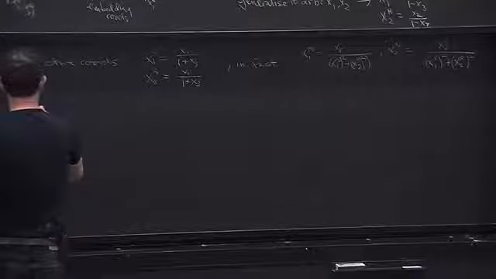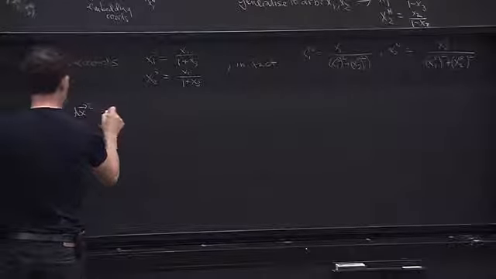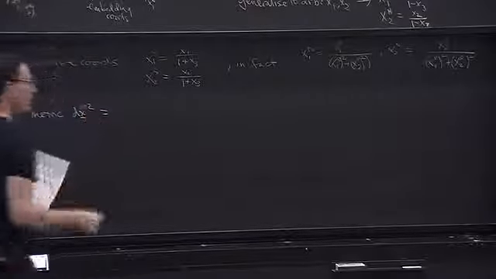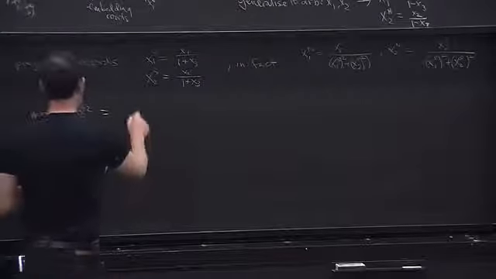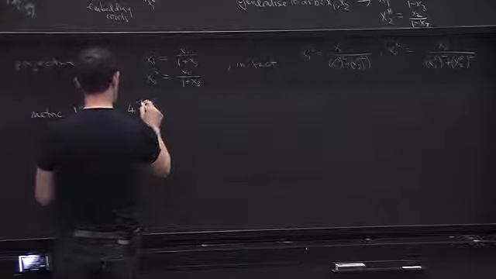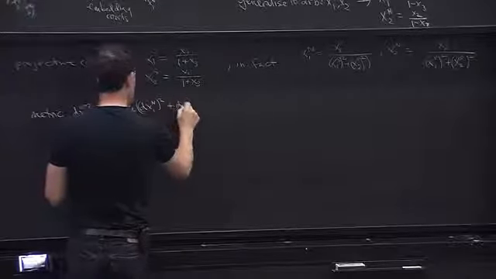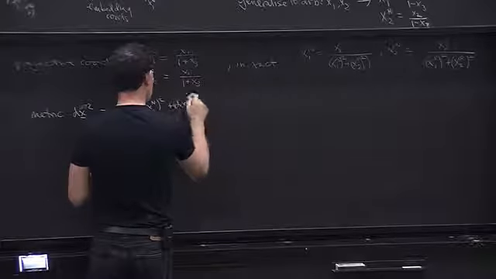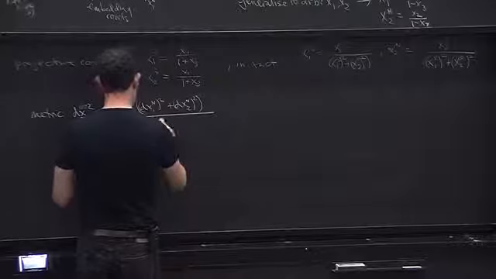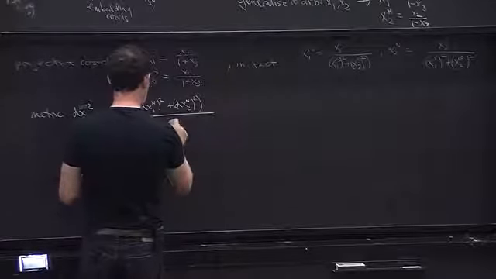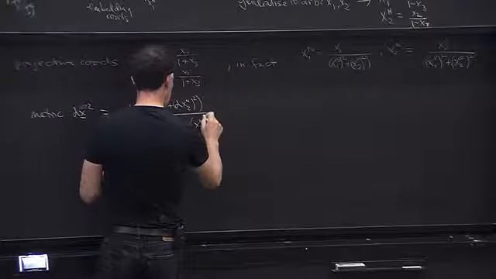And in the metric, the x squared, that's the dx1 squared plus dx2 squared plus dx3 squared, is equal to 4 times dx1n squared plus dx2n squared over 1 plus x1n squared plus x2n squared.